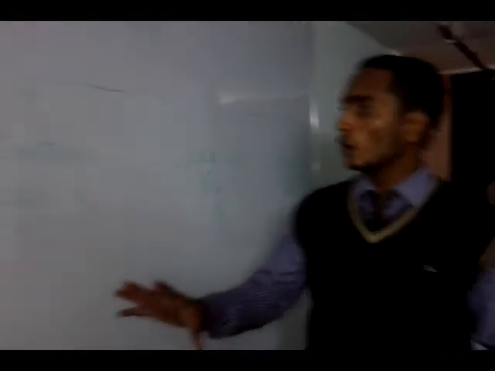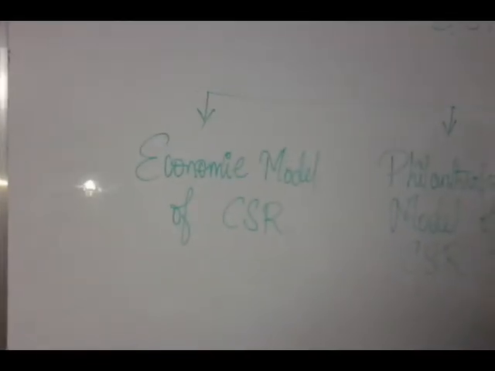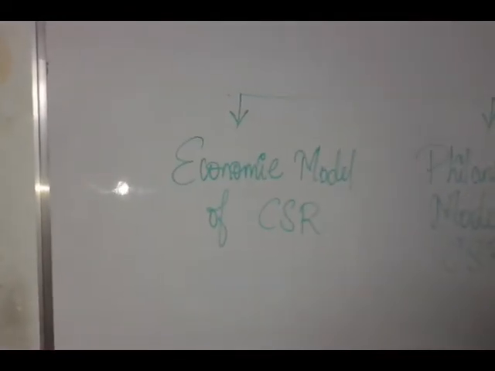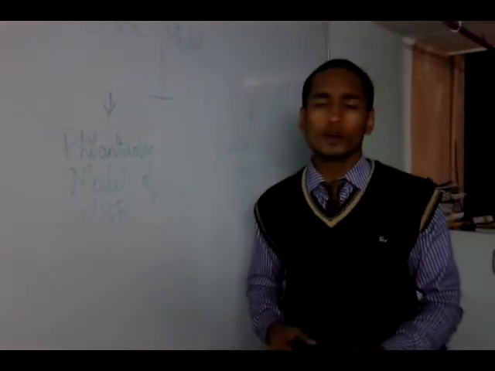So if we look at all these various models of CSR, the first one, the economic model of CSR, talks about only providing basic business goods and services, trying to maximize the profit, and obeying the law.